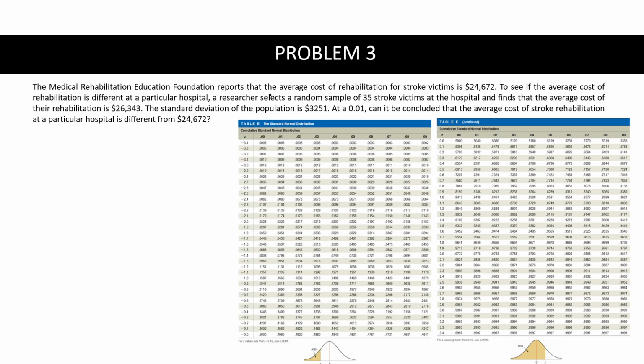Okay, let's proceed with problem number 3. The Medical Rehabilitation Education Foundation reports that the average cost of rehabilitation for stroke victims is $24,672. To see if the average cost of rehabilitation is different at a particular hospital, a researcher selects a random sample of 35 stroke victims at the hospital and finds that the average cost of their rehabilitation is $26,343.